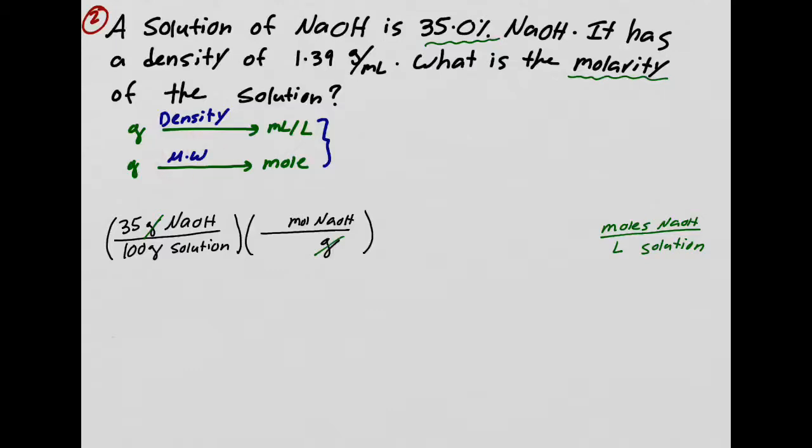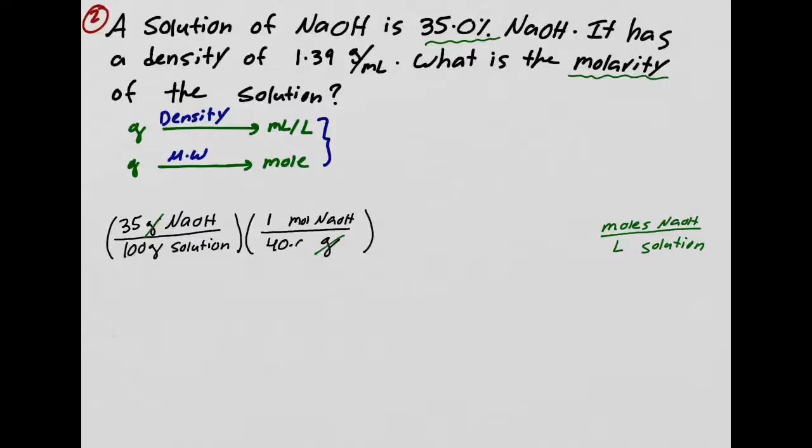Molecular weight. Don't forget that. Molecular weight is always for 1 mole. 1 mole of NaOH is 40.0 grams. Okay, because molecular weight is always for 1 mole. That's great. I have the moles of NaOH, and the moles of NaOH is what I wanted on top anyway.